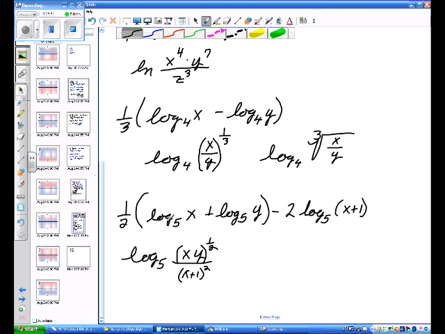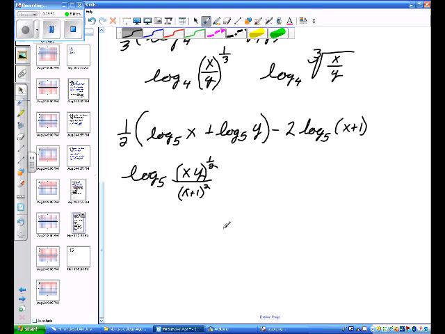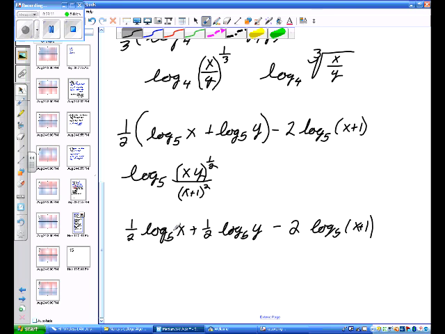Now, if you have trouble remembering it this way, what you can do is you can say, well, let me distribute that 1/2. So it's 1/2 log base 5 of x plus 1/2 log base 5 of y minus 2 log base 5 of x plus 1. Then if we dealt with it, we have log base 5 of x to the 1/2 y to the 1/2 over x plus 1 squared.